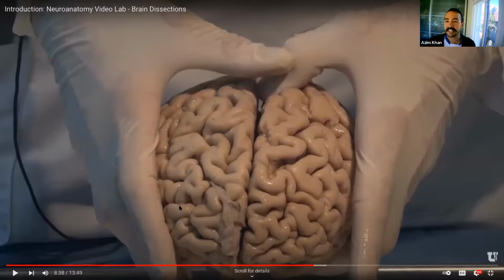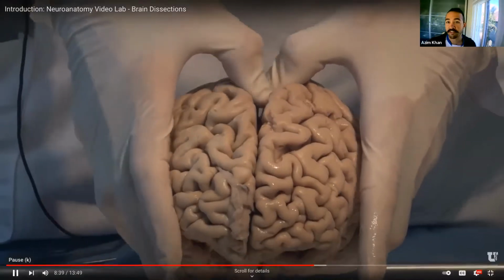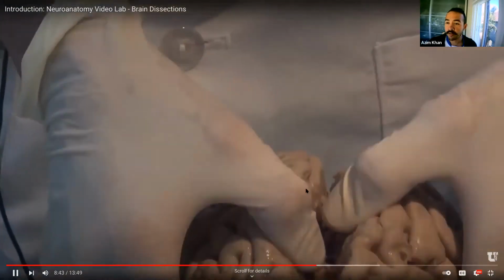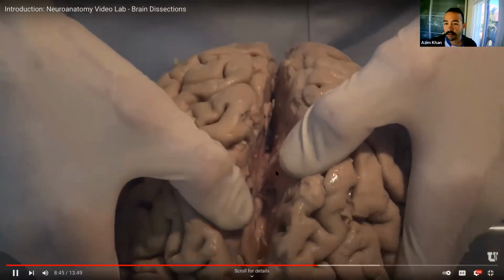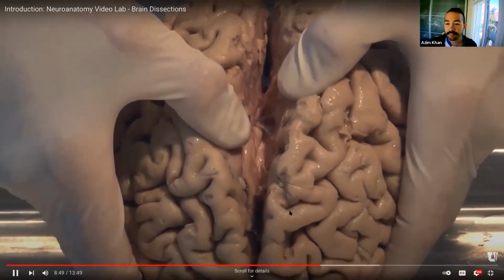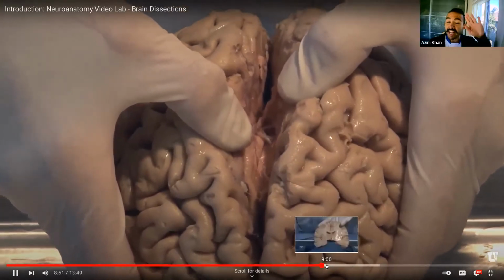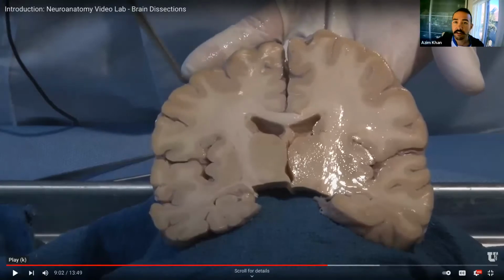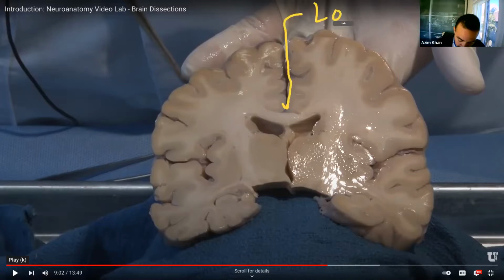Right now we're looking at an anterior view. They have their thumbs in the longitudinal fissure. And once again, you can see much deeper within. You can see the corpus callosum connecting in between. But if we take a frontal cut, a coronal cut of the brain, and that's what this is, you can see the longitudinal fissure.